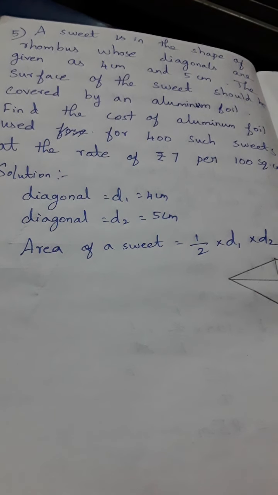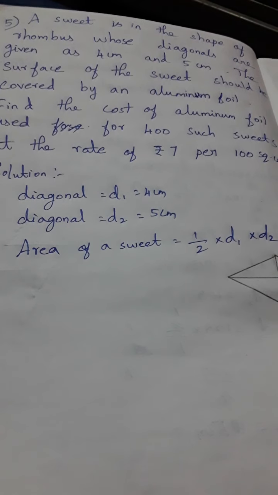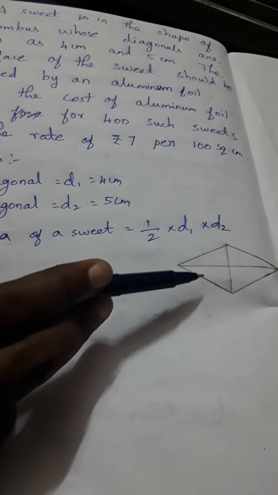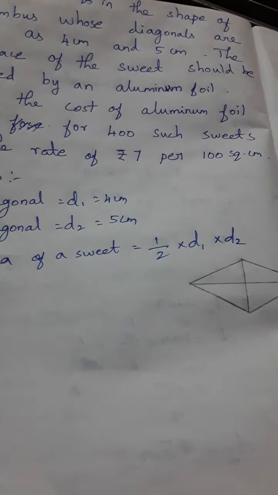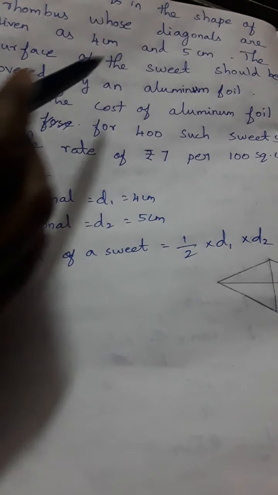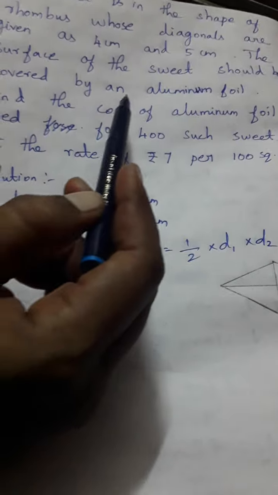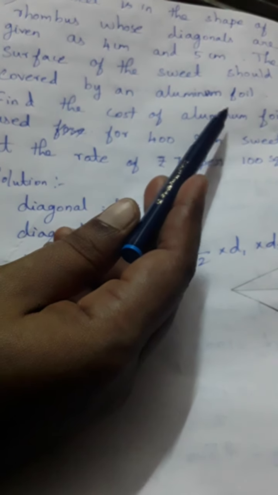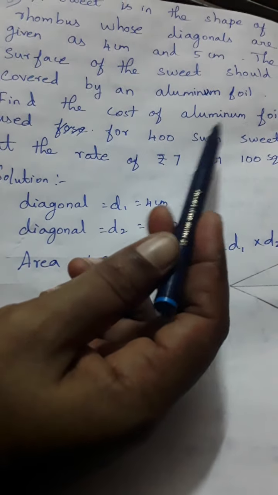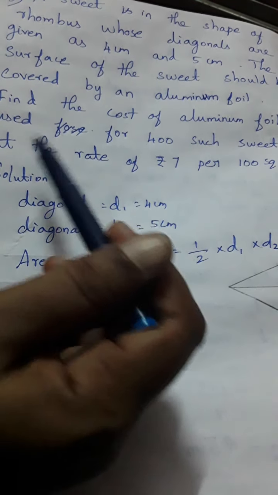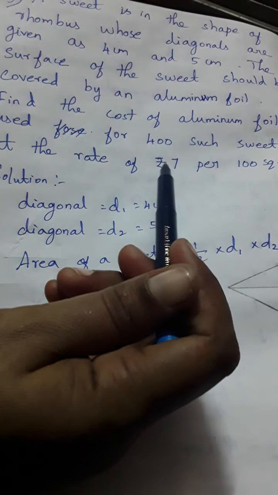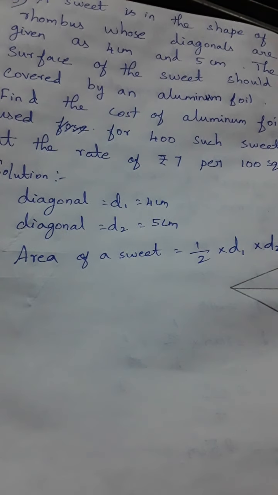Next we will see the fifth question. A sweet is in the shape of a rhombus whose diagonals are 4 centimeter and 5 centimeter. The surface of the sweet should be covered by aluminium foil. Find the cost of the aluminium foil used for 400 such sweets at the rate of rupees 7 per 100 square centimeter.